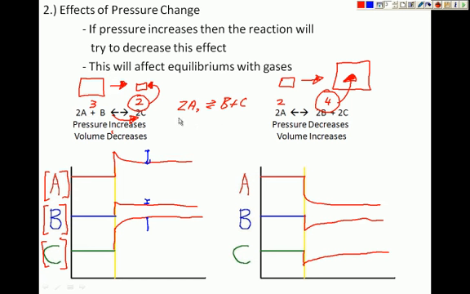So say the volume decreases. If here was A, B, and C, and the volume decreases, therefore all of these would go up and then down, straight out. Okay, but there would be no change in the equilibrium. There would be no new equilibrium being formed.